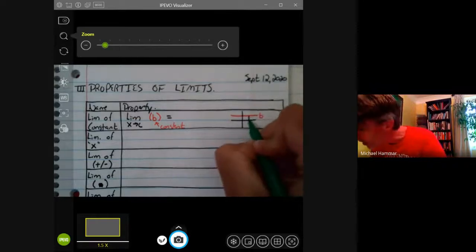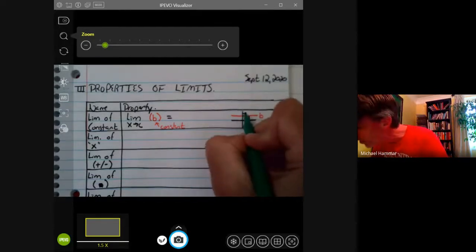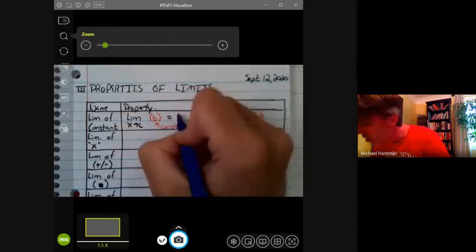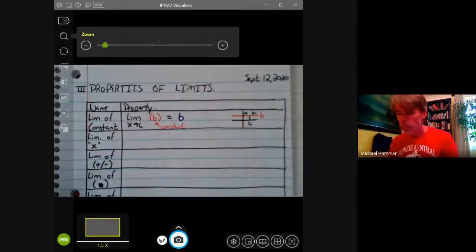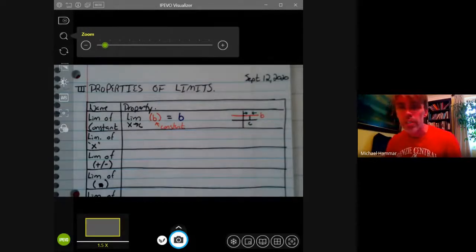Well, I want you to think about this. If you go to any c and you come from the left, or you come from the right, you notice that your answer is always going to be b. So when you find the limit of a constant, it always is the constant.